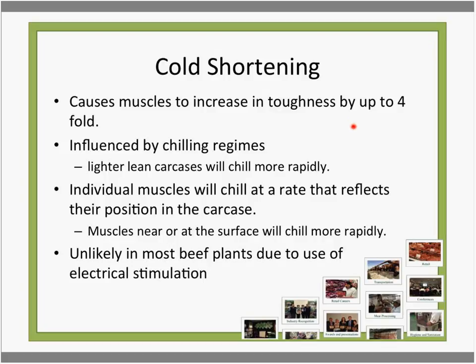So, shortening, as I just said, causes the muscles to be tougher, and it can increase toughness by fourfold. It can be influenced by the chilling regime, so carcasses that chill quicker can cause shortening.